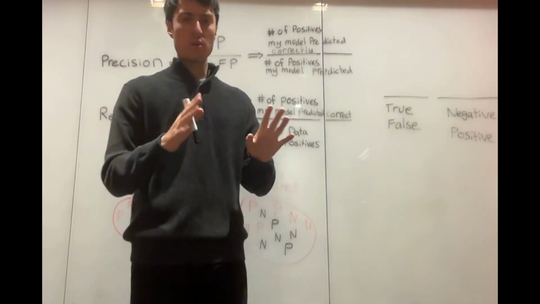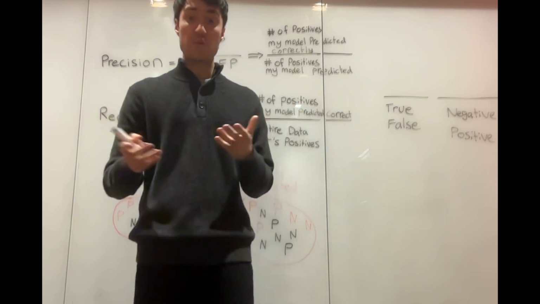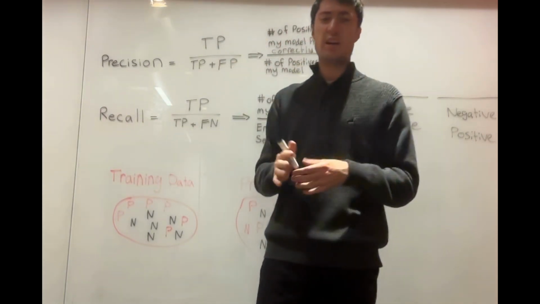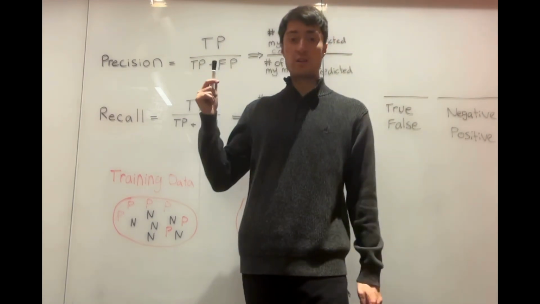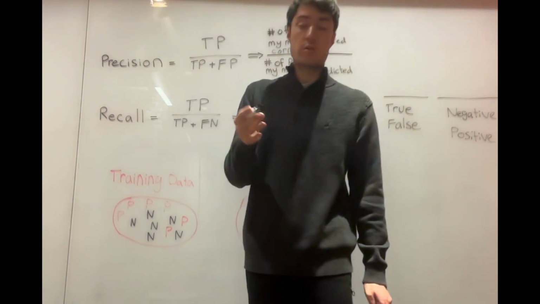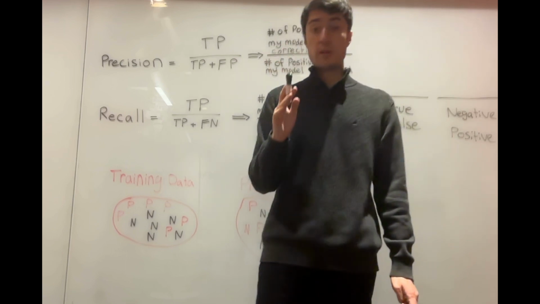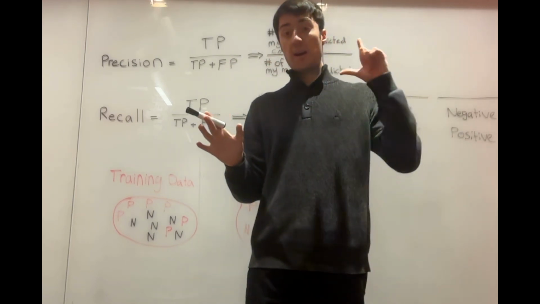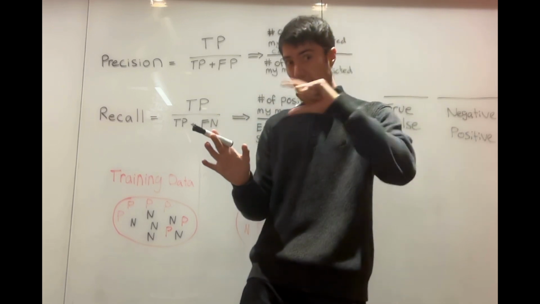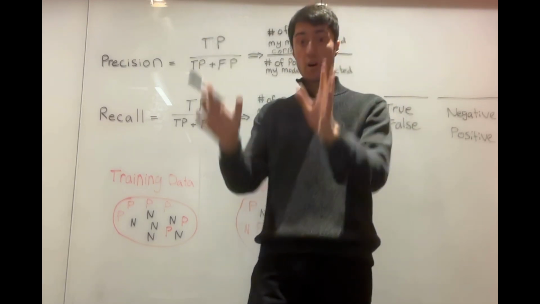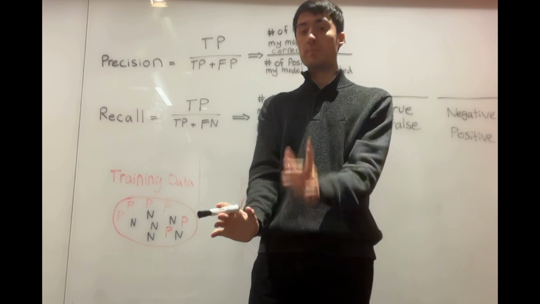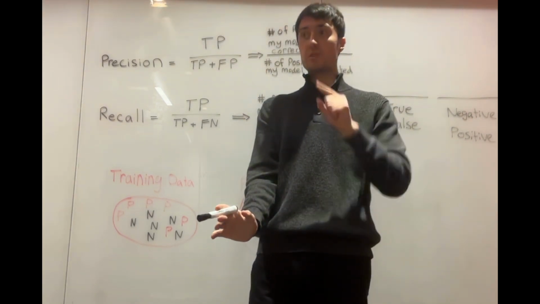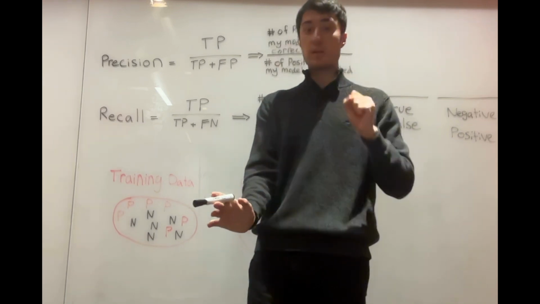Let's think about true positive in terms of cancer. This is the number of people who actually have cancer that our model was able to correctly identify. You look at all of the people who have cancer, and then how many of those people did your model say, yep, he has cancer, yep, he has cancer.